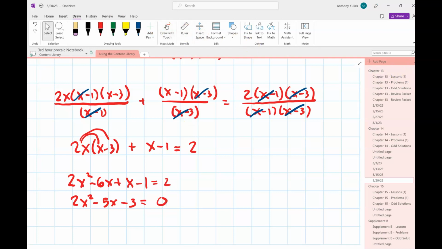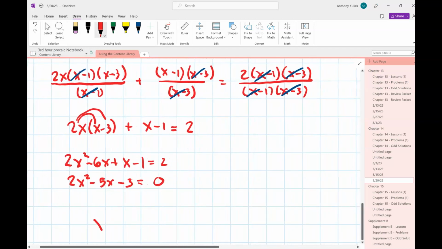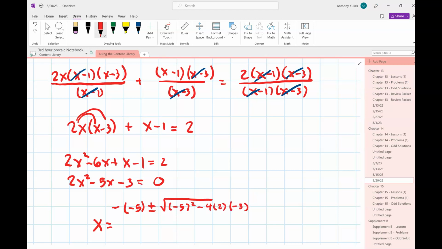We have this. What kind of an equation are we left with? Quadratic. Okay. You guys want to use the quadratic formula on this one? Why did you change your mind here? Because the leading coefficient is 2. Yeah, the leading coefficient is no longer 1, so if it's factorable, it's going to be a hassle. That's assuming that it's even factorable, right?